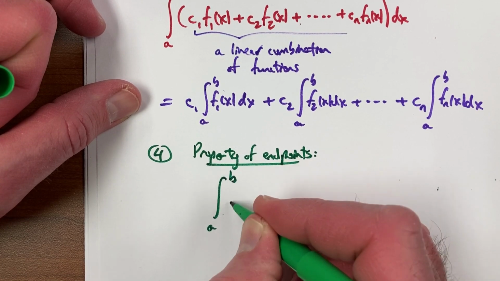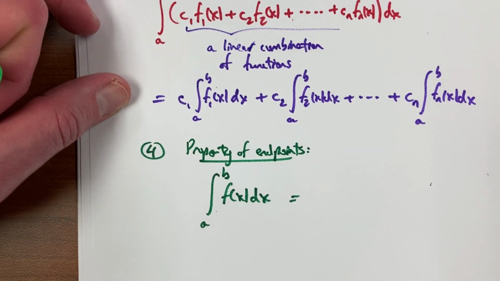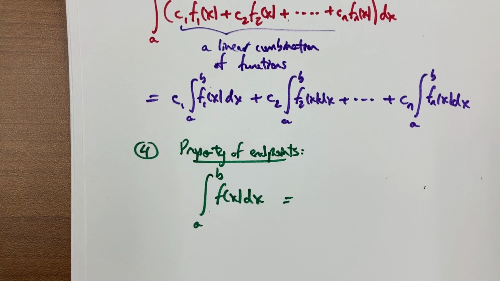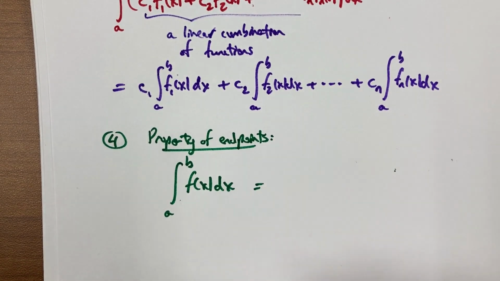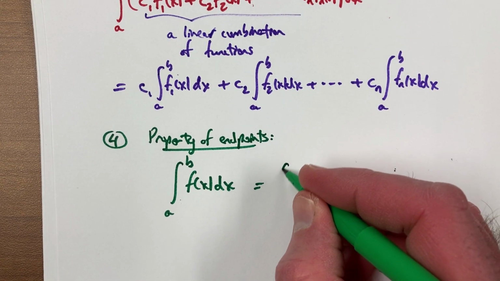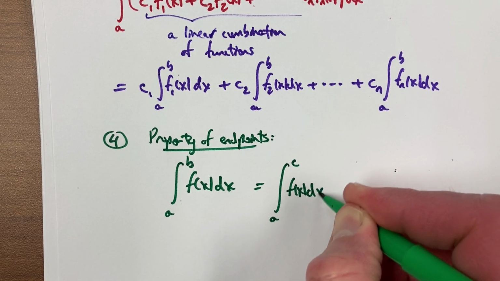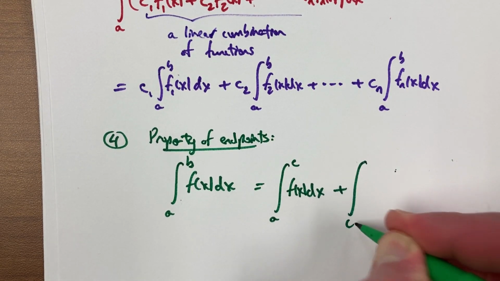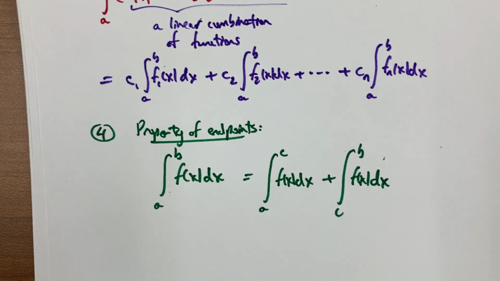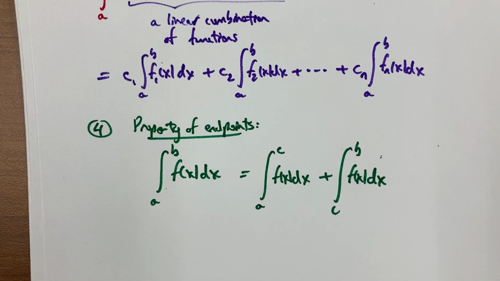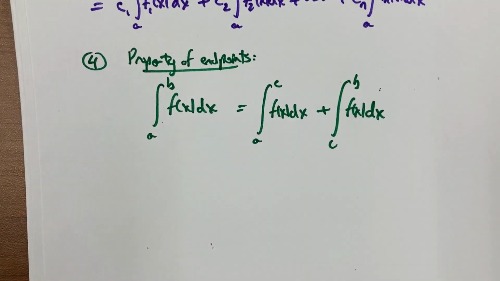You can take any definite integral and break it up into the sum of 2 integrals. If this is the integral from a to b, you can write this as the integral from a to c plus the integral from c to b, where c most typically is an arbitrary number between a and b.